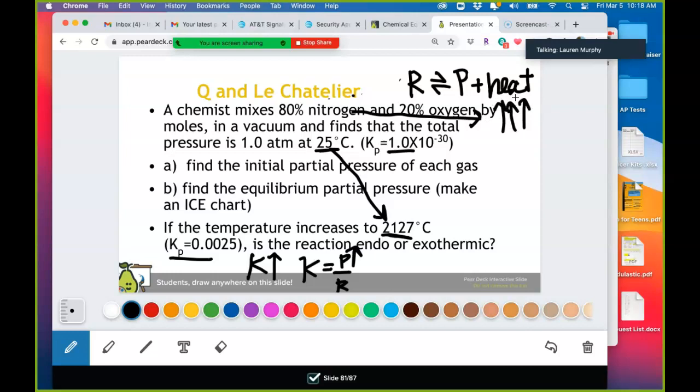So now if you have too much heat over here, you're going to shift to the left, which means reactants will get bigger. Well, if reactants get bigger, K gets smaller. So that's not good because K is definitely getting bigger from here to here. So that's why it's not exothermic.